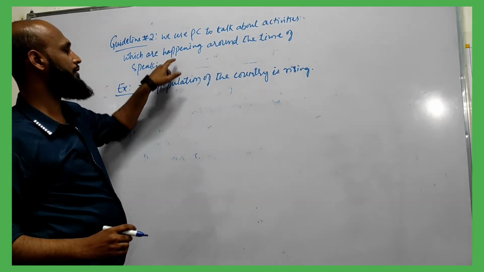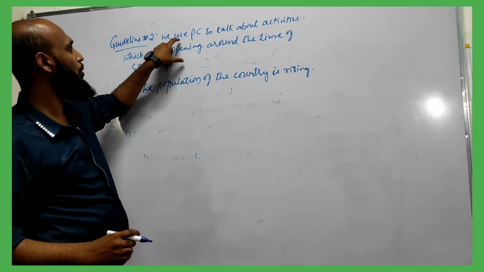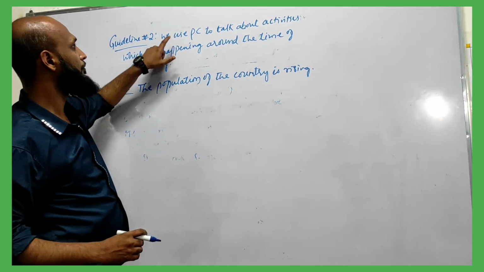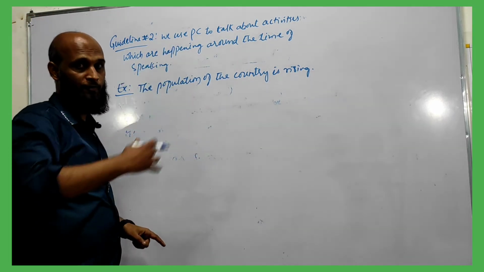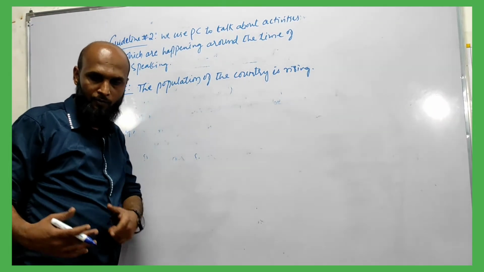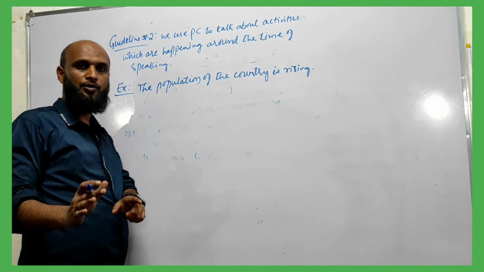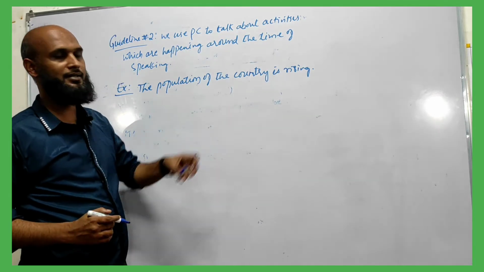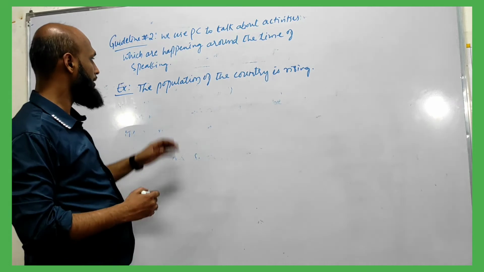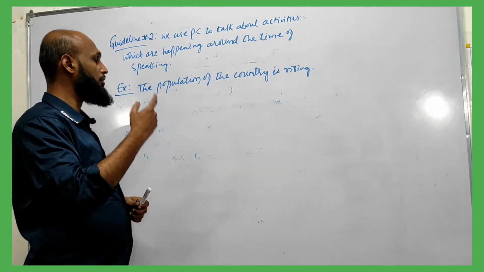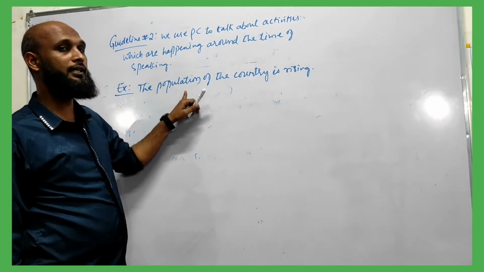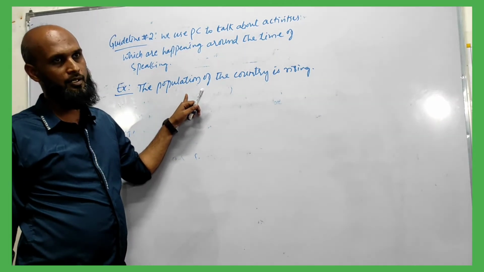You can relate it with the guideline. We use present continuous to talk about activities which are happening around the time of speaking. It is not happening right in front of you, but you know it for sure that this thing is taking place. The population of the country is rising. Alright? So, for situations like this, you can use present continuous.